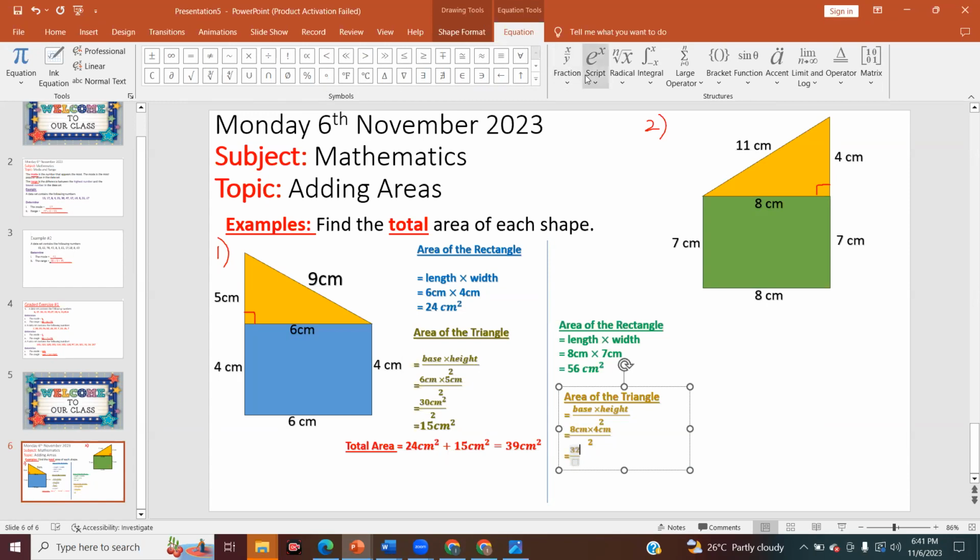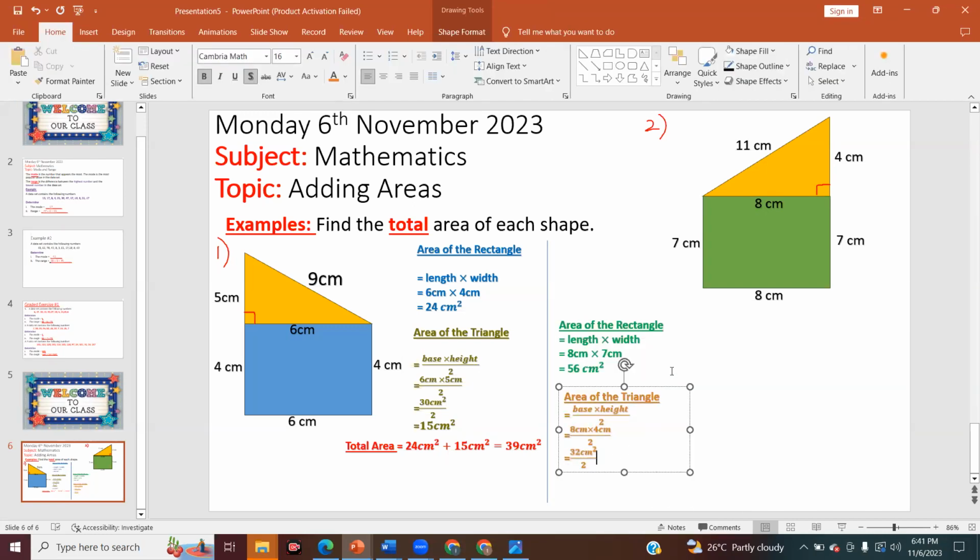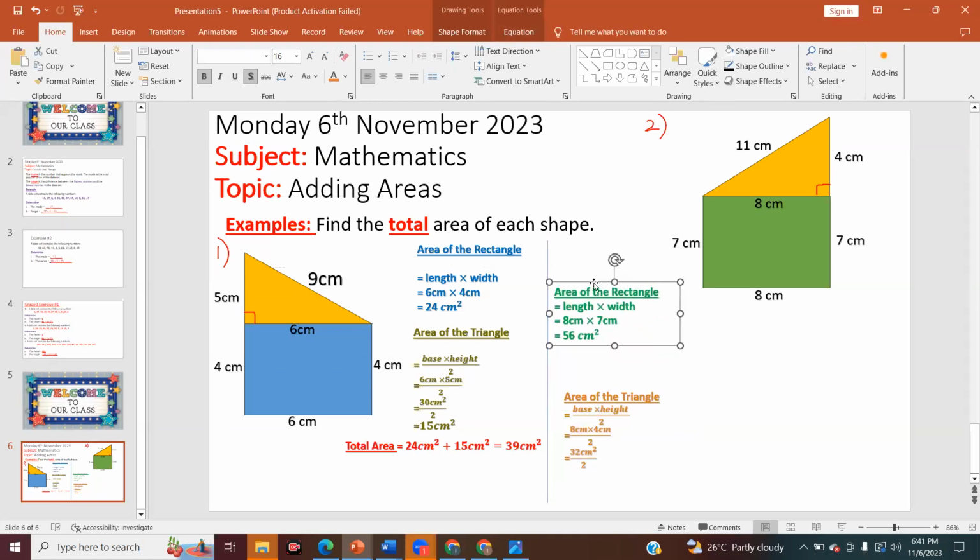Good. Do not say it out loud, but put your answer inside the chat for the area of the triangle. We already got the area of the rectangle.